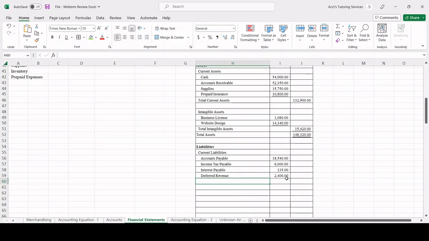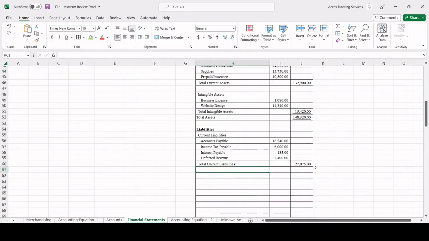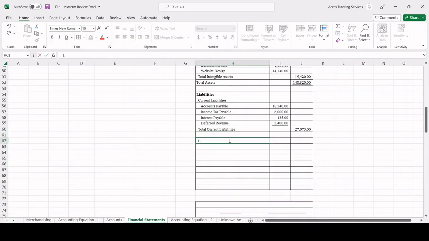Now we're done with total current liabilities, so we're going to calculate it now. Remember, underline because we're doing a calculation. Total current liabilities is going to be 18,540 plus 6,000 plus 135 plus 2,400 to get 27,075. Now we're going to go over to long-term liabilities.